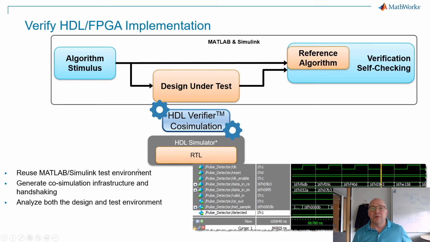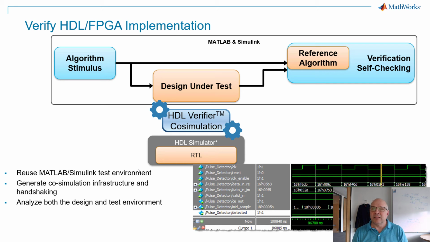And what it does is it just lets you reuse your MATLAB or Simulink test environment, test bench, if you will. It automatically produces all the co-simulation infrastructure you need. It actually creates a little block in Simulink that's called a co-simulation block, which is a way of representing the communication between MATLAB, Simulink, and the simulator.